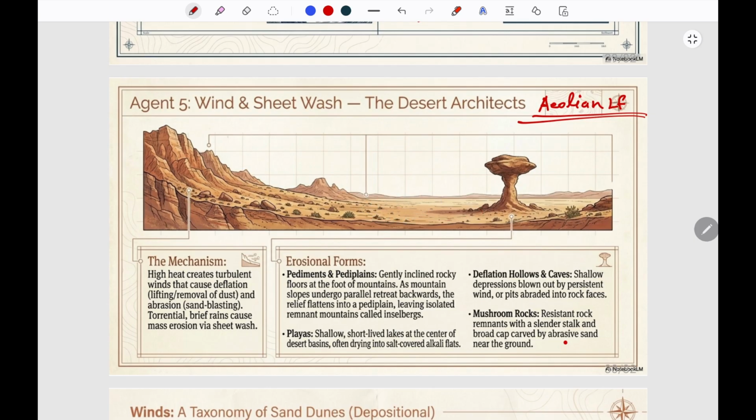Next one is playas. These are basically shallow lakes present in the desert areas. Next one is deflation hollows and caves. This is a rock structure. Here wind is hitting, and hollow structures like this are formed. Next one is mushroom rock, a structure like this, in which the lower part is removed by the wind.